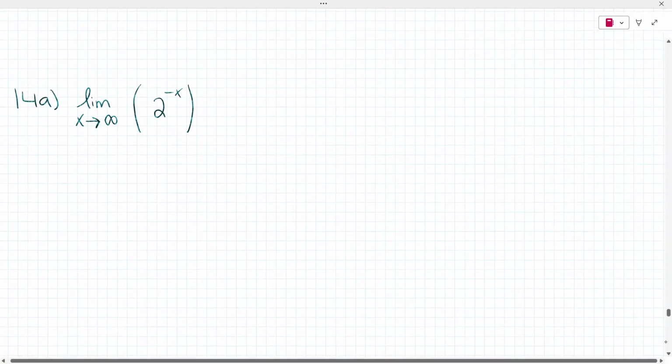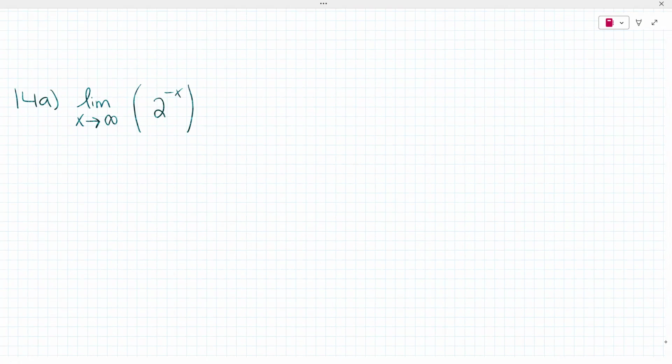Okay, 14a says, what is the limit as x approaches positive infinity of 2 raised to the negative x? So all you've got to do is replace your x with infinity. Or you can rewrite this as a positive power. That's 1 over 2 to the x.